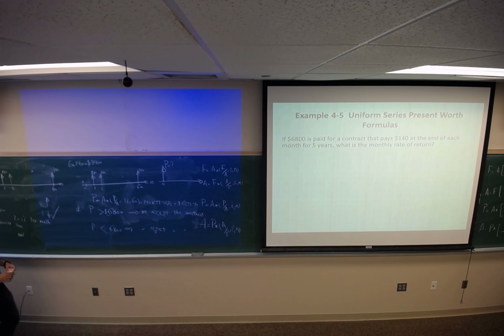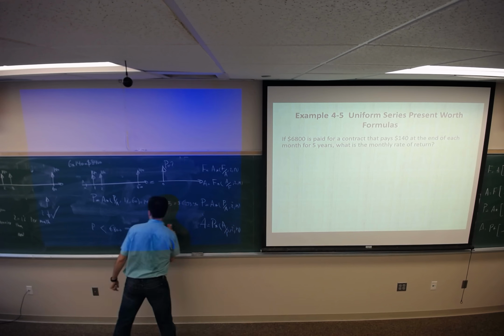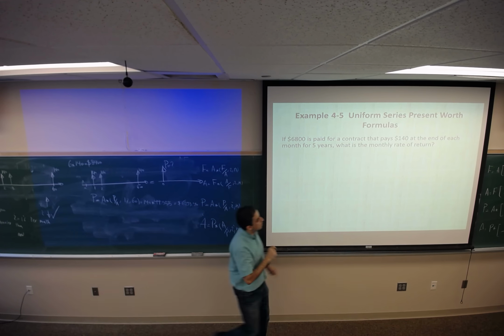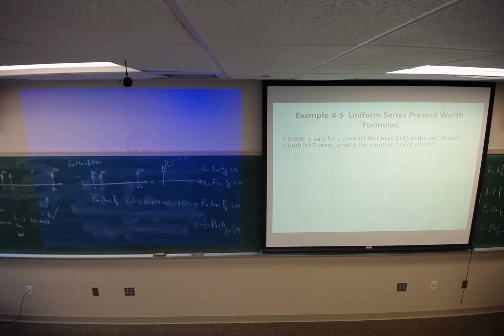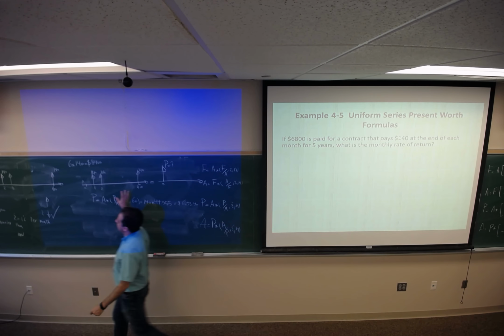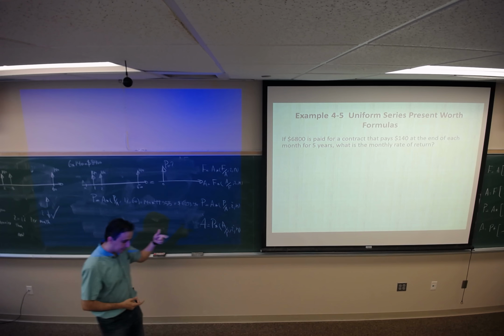All right, now the question is the same example, but you want to know what should be the monthly interest rate to make this equal to 6,800, or you accept the offer.